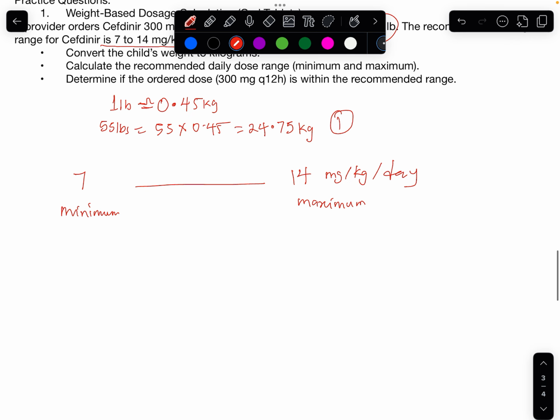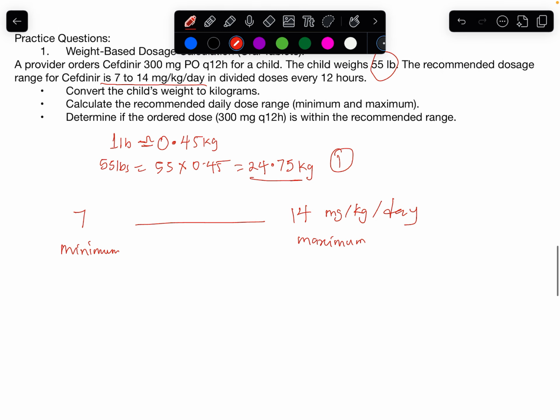Now we multiply our weight by the minimum dose range. So it's 7 milligram per kilogram per day times 24.75 kilogram.